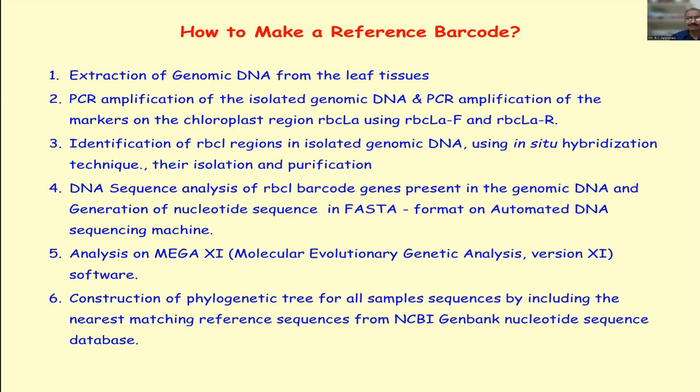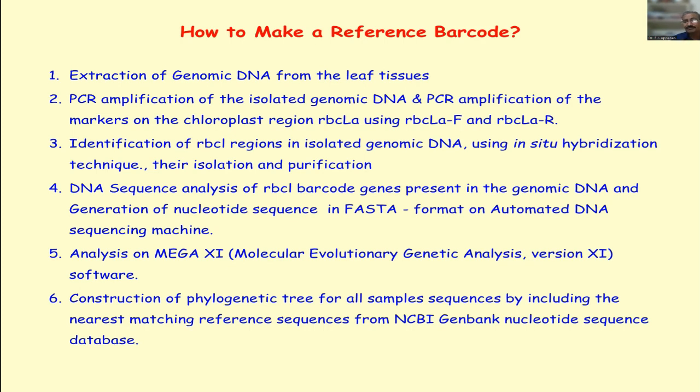So once we have this analysis in MEGA10 or MEGA11, MEGA11 can also be used for constructing a phylogenetic tree, an evolutionary tree, showing from which species it has evolved, what are its ancestors. Suppose I have a genus, Desmodium, for example. In Desmodium, maybe 13, 14 species I have. I want to find out the interrelation between these.